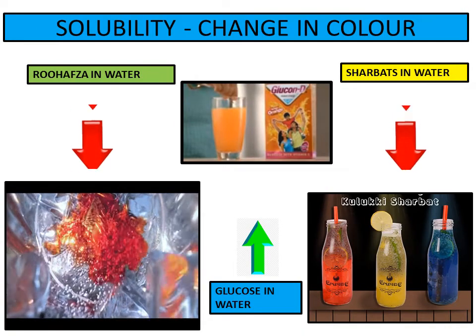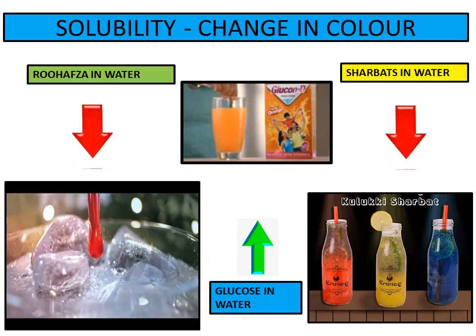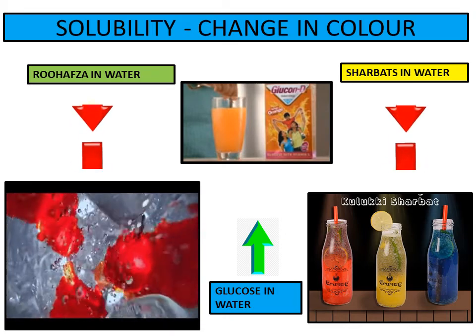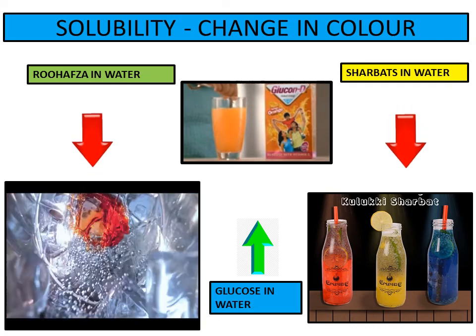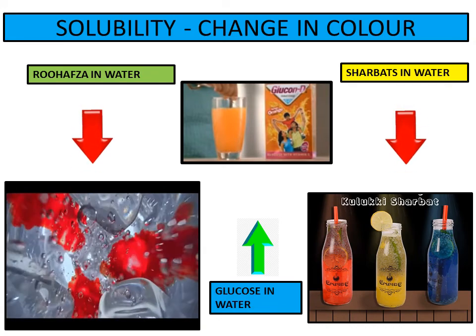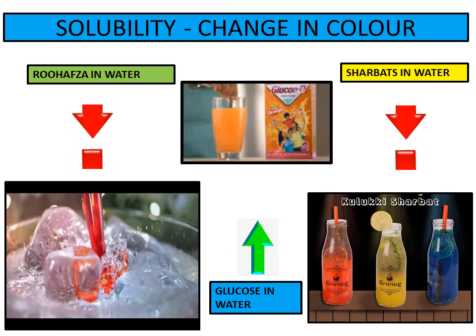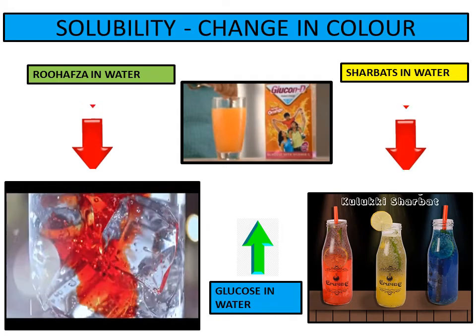Now, what are the effects of solubility? The first effect is change in color. If our solute is some colored object, then it will give its color to the solvent. For example, if we add Rooh Afza in water, the color gets reddish pink.